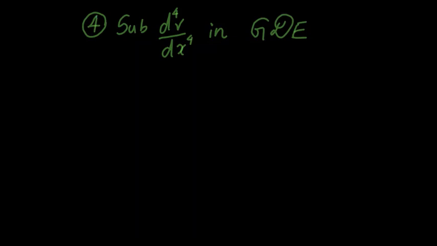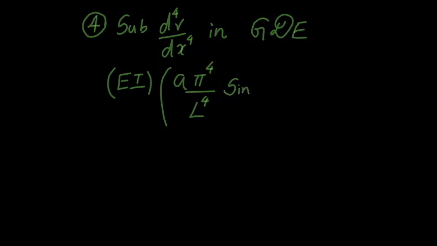So what is it that you will be getting? You will be getting EI into, what is d⁴v/dx⁴? It is a into π⁴/L⁴ into sin(πx/L) minus q₀ is equal to 0.